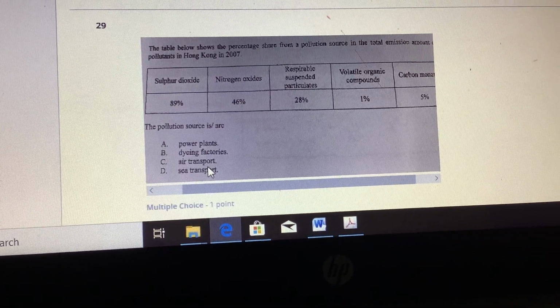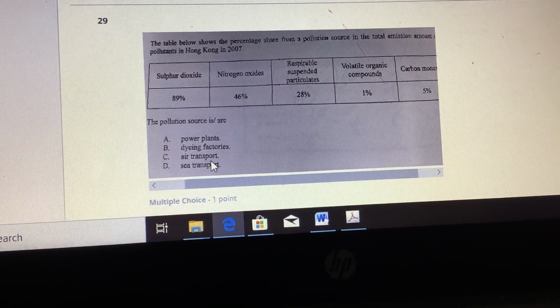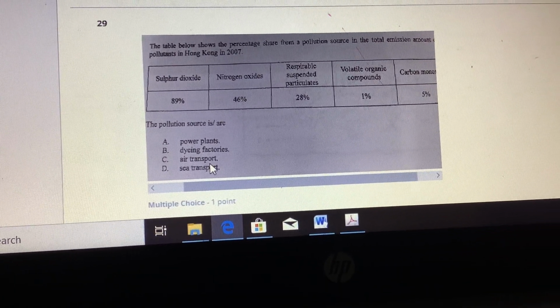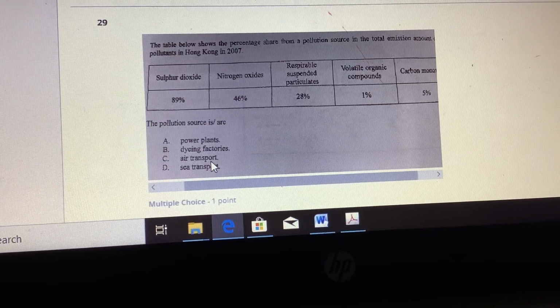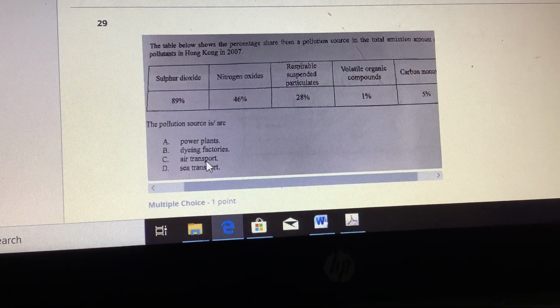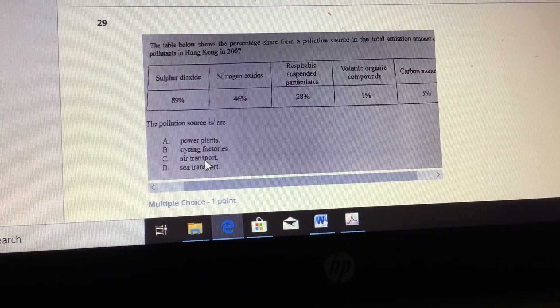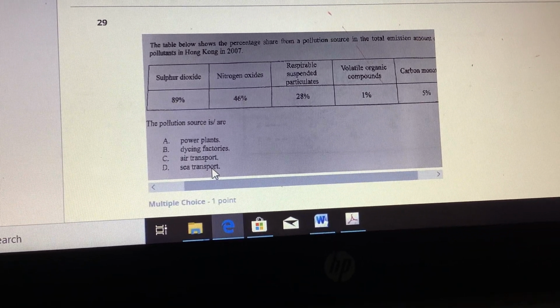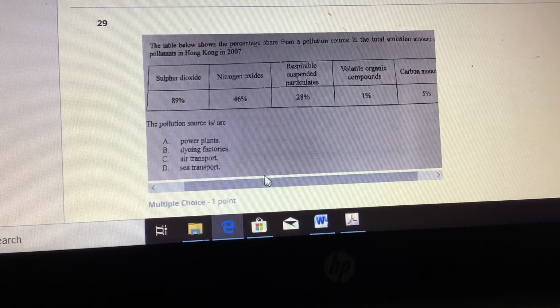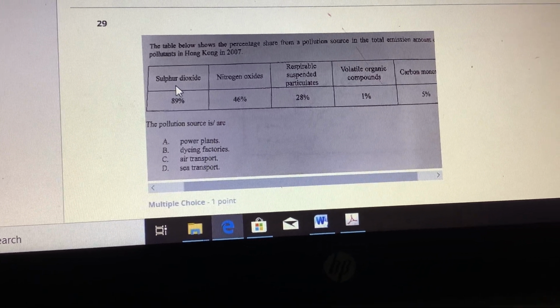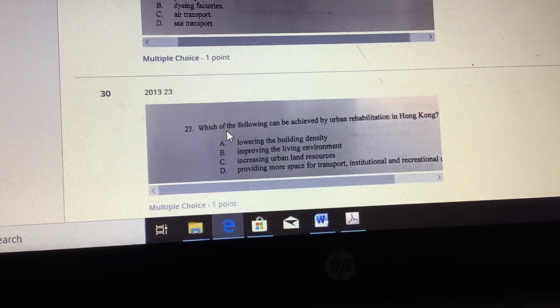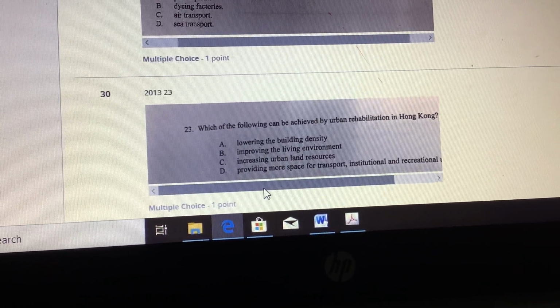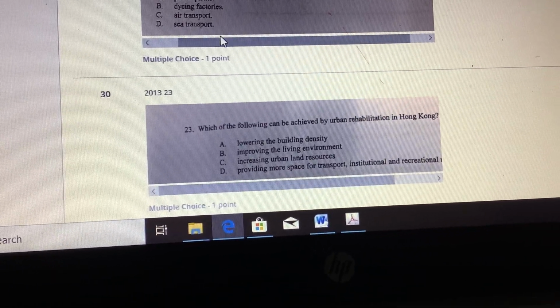Are you taking the steam locomotive for the railway? No. Air transport is not going to burn coal. Sea transport: do you see any old ship using coal as fuel in Victoria Harbour? No. So A, because it's the only one that burns coal.